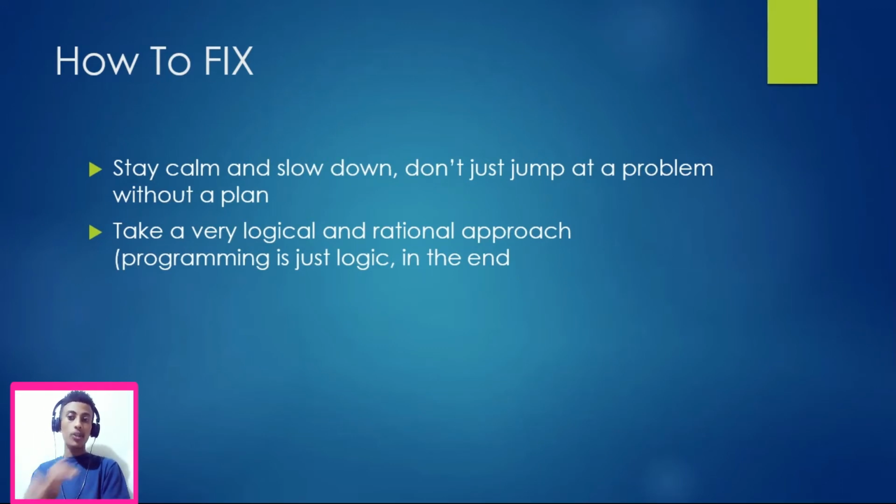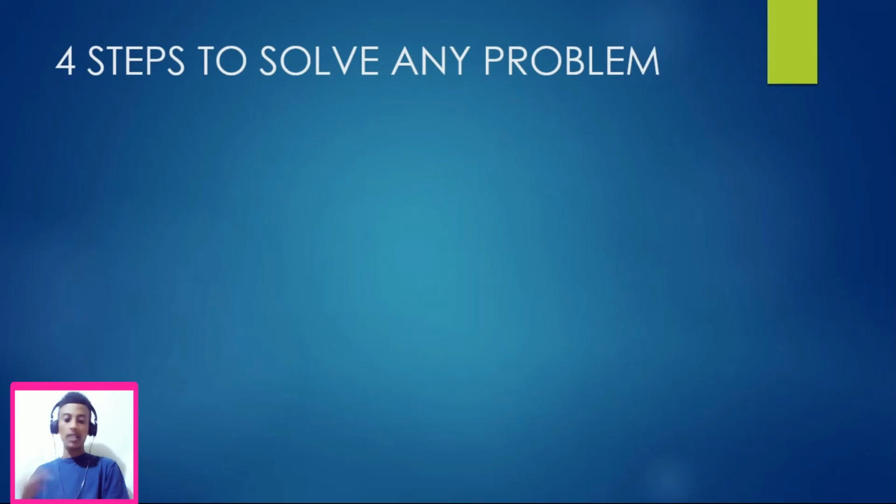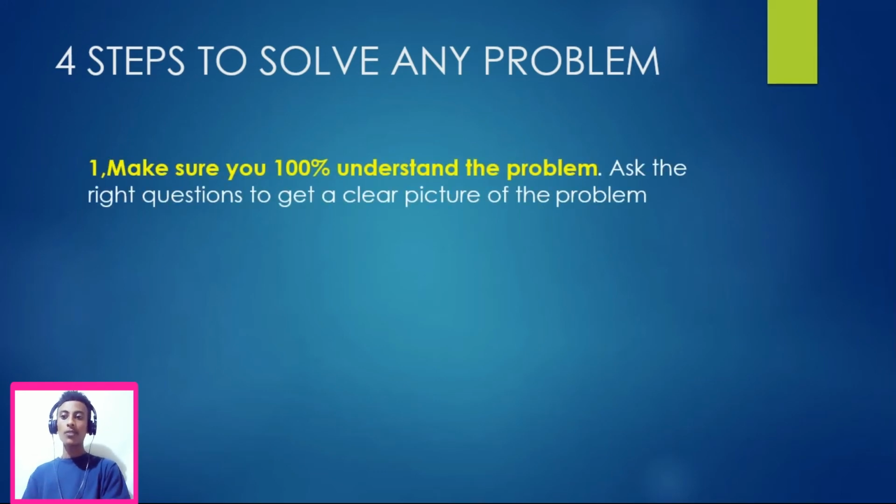So take a logical and rational approach, be reasonable. Programming is about logic, so you have to be logical and rational. You have to use these 4 steps, 4 steps to solve any kind of problem. Now let me show you these 4 steps.